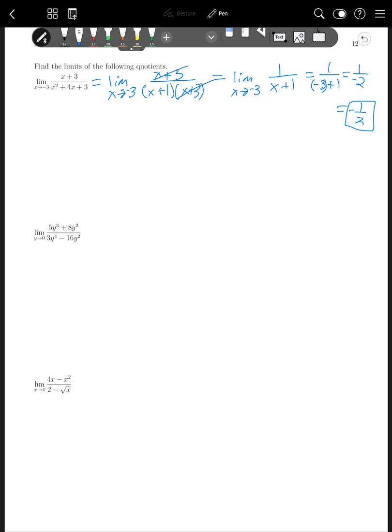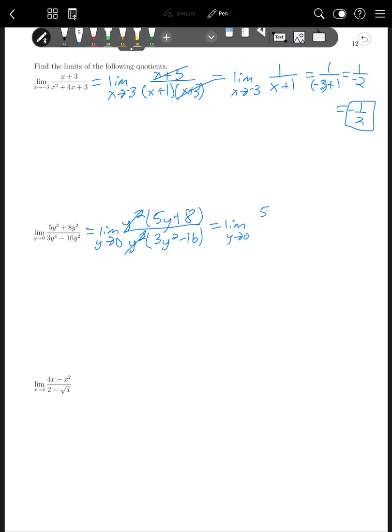On the next one, what we want to do is use the idea of factoring out a greatest common factor to start with. So this would be the limit as y approaches 0 of y squared times (5y plus 8) over y squared times (3y squared minus 16). And now the y squareds cancel.